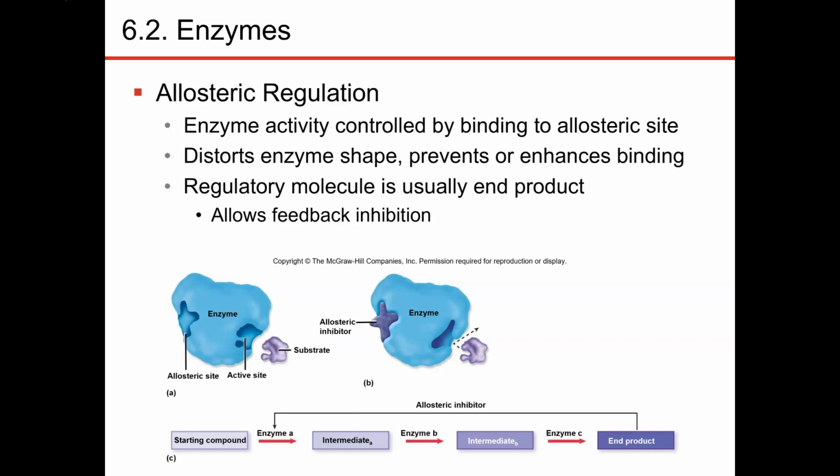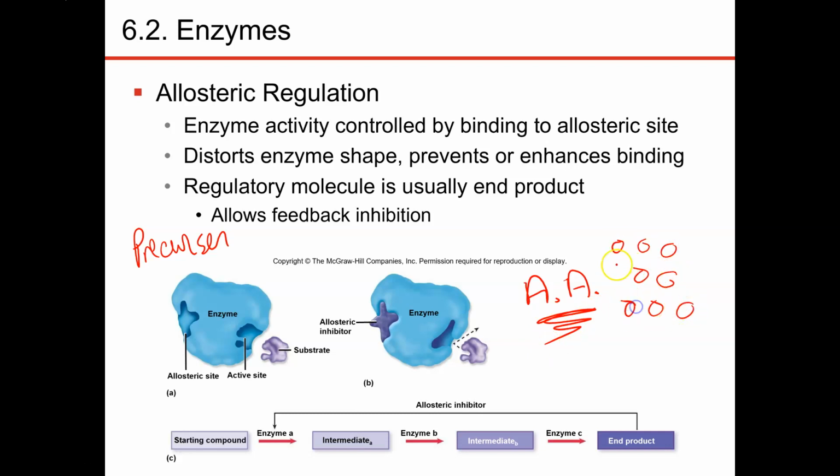So say we have over here some precursor that is going to eventually become some amino acid that we are producing. If we have a lot of the amino acid, so we have lots of little amino acids over here, we don't need any more, then we would stop this pathway from running because we don't need it. Allosteric regulation allows us to do that.